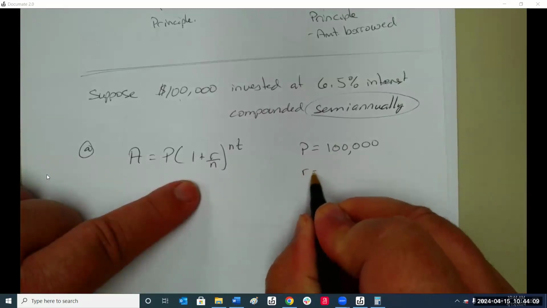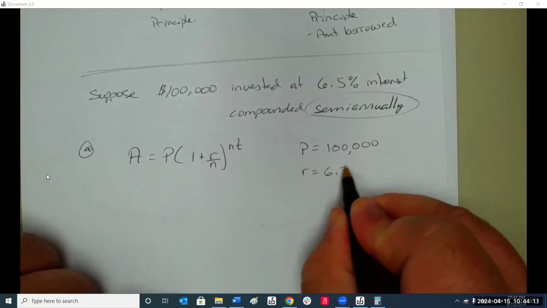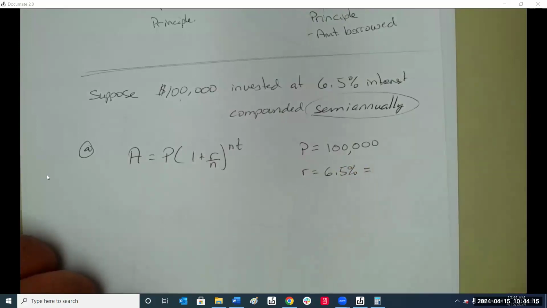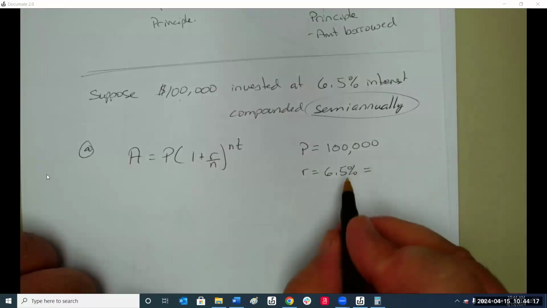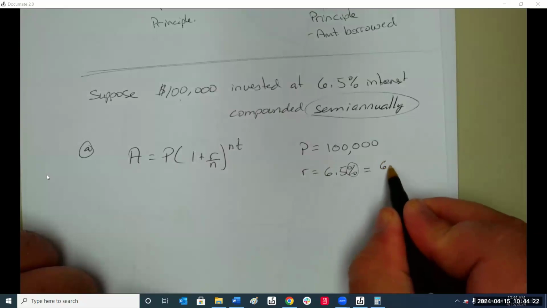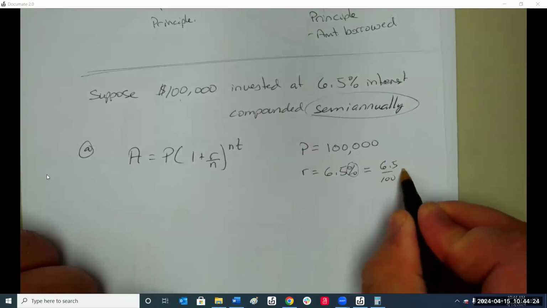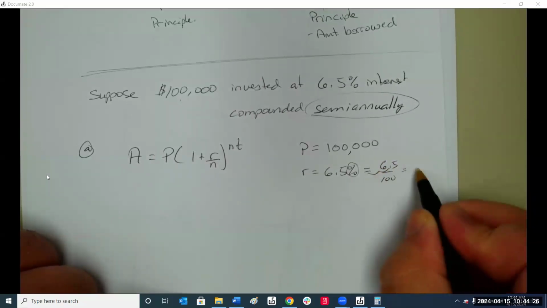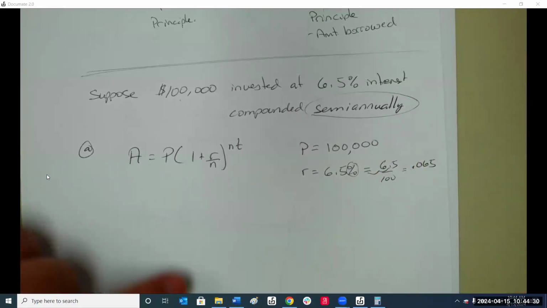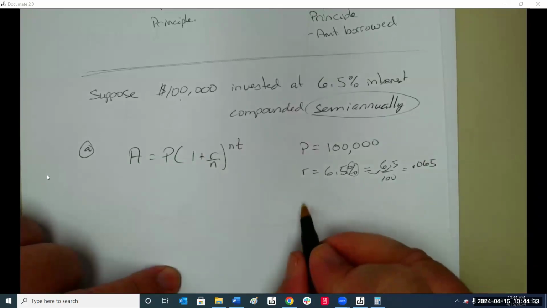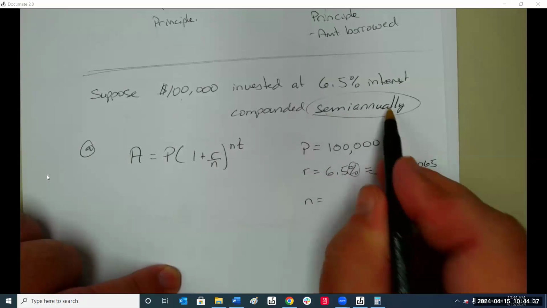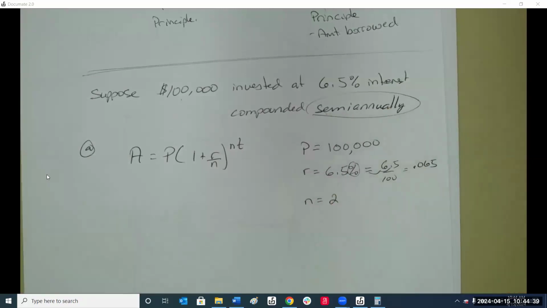What's our rate? 6.5%. But you can't use percent, you have to use decimals. Percent means over 100, so 6.5 divided by 100, which means you move the decimal to the left: 0.065. n is semi-annually, so that happens twice a year.